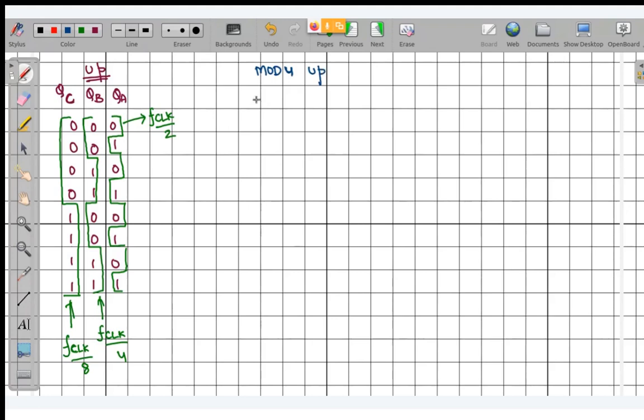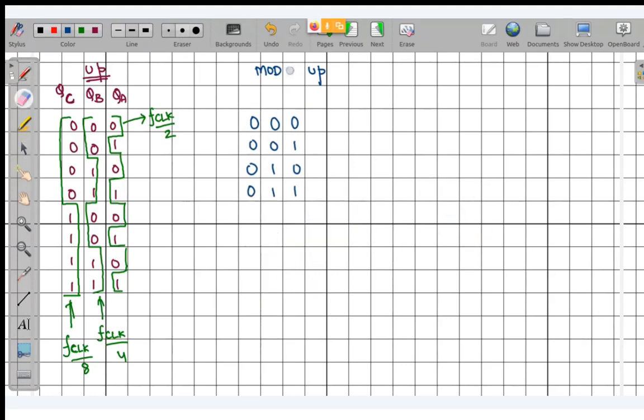So a mod 4 up counter will count from 000, 001, 010, 011, and again the next states are going to repeat like this. Okay, so I shouldn't have taken mod 4.